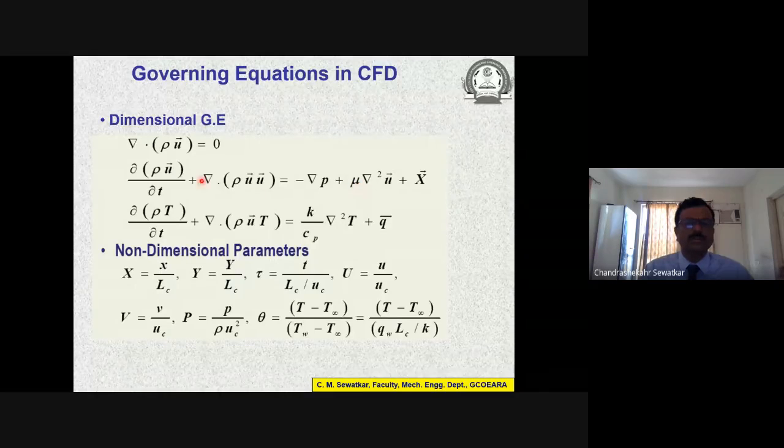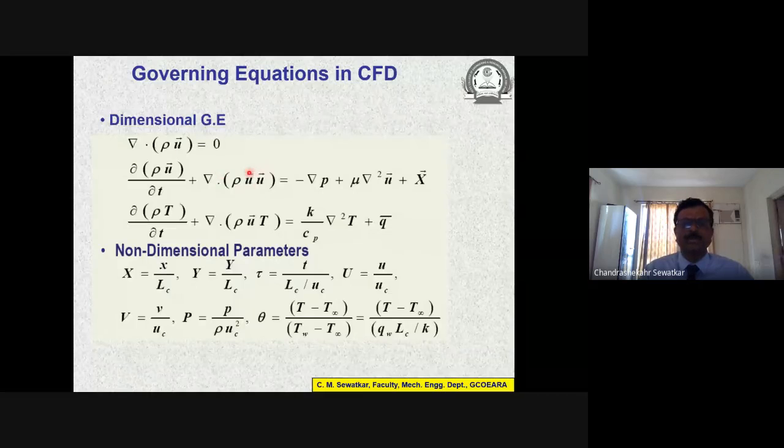Now in this equation, if you take rho onto the other side, the left hand side then represents acceleration. For example, del u by del t is acceleration, the rate of change of velocity with respect to time, which is a temporal acceleration.